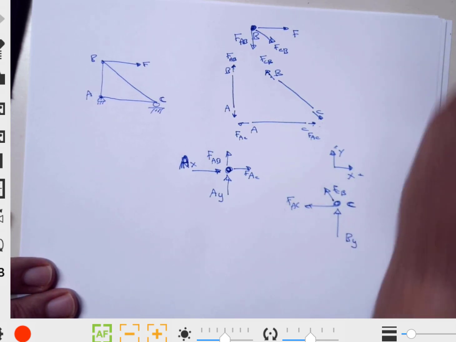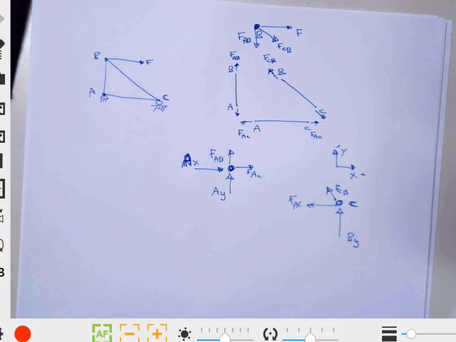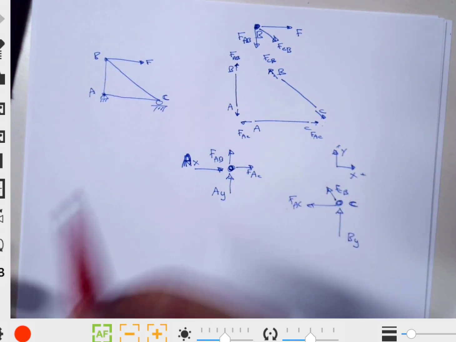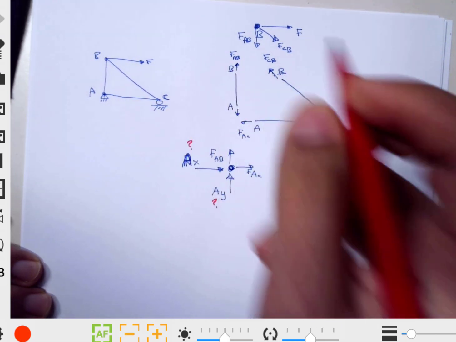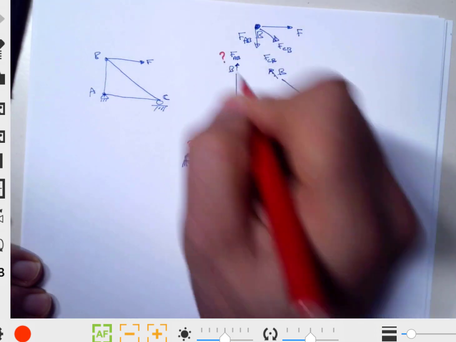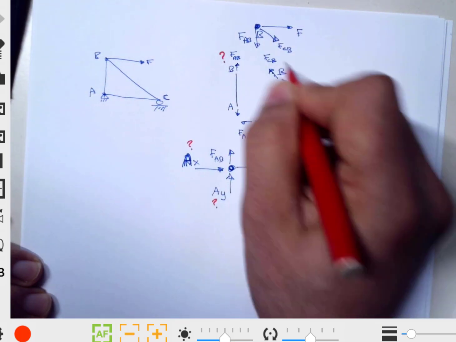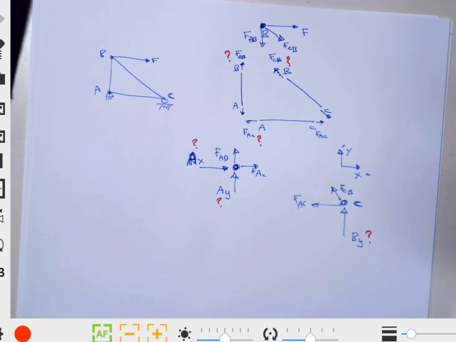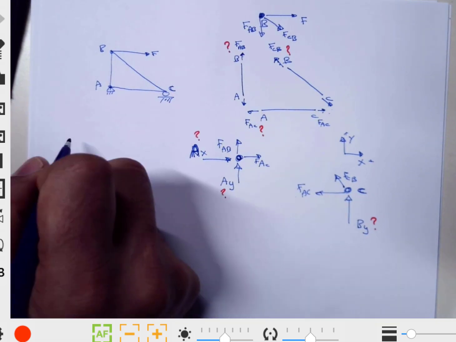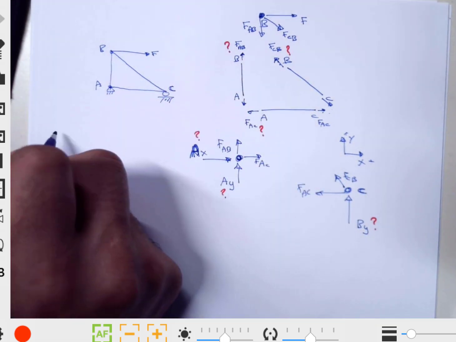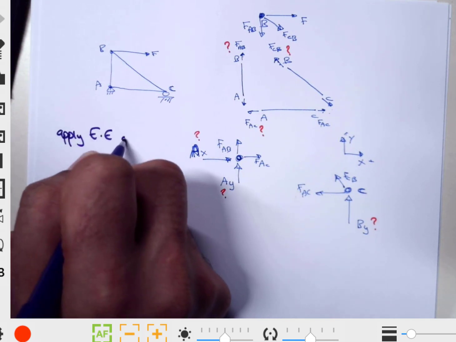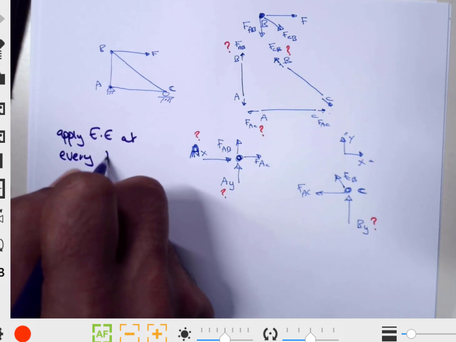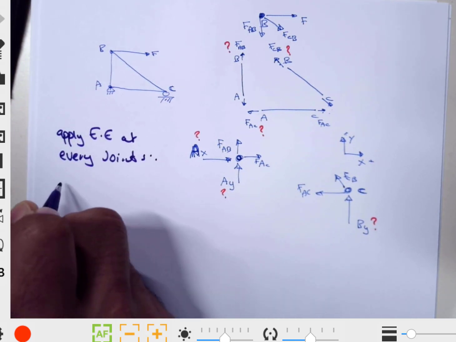So the number of unknowns that we have is 6, as you can see: 1, 2, 3, 4, 5, and 6, right? So we need 6 equations. You obtain these 6 equations by applying the equilibrium equation at every joint. So you have 2 equations for every joint.